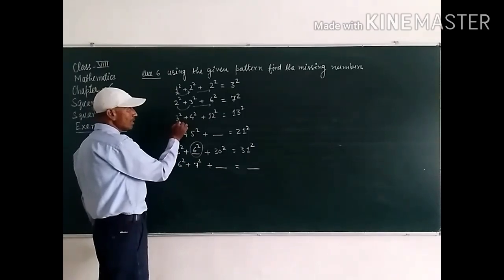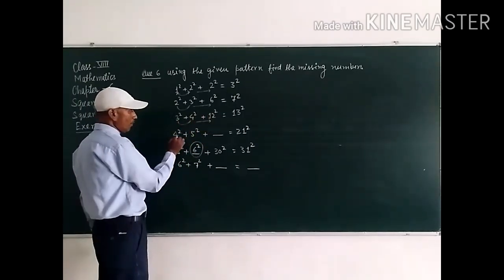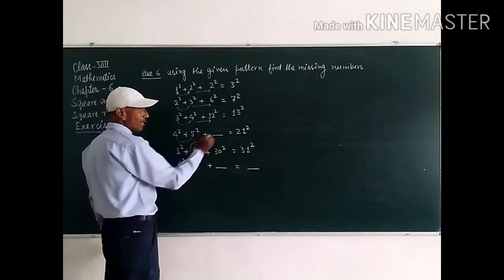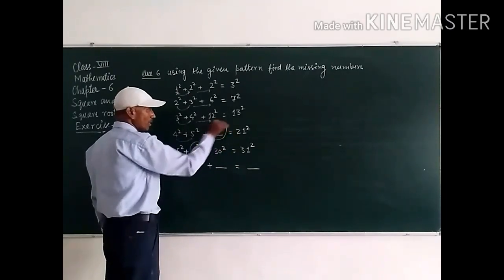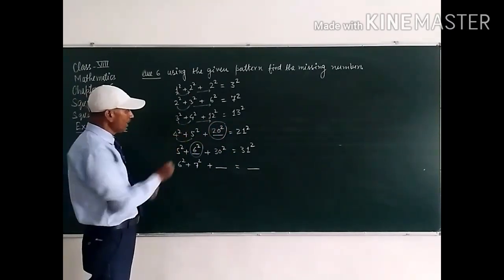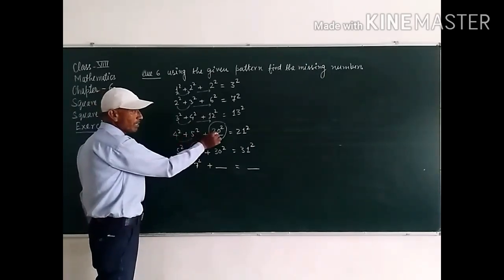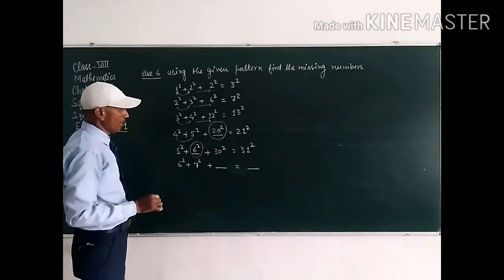And in this 3 4 ja 12, this one 12 square. 4 5 ja 20, here 20 square, it will be 20 square student. Because following the pattern we find that 4 into 5 is 20. So 4 5 ja 20, this one will be 20 square.